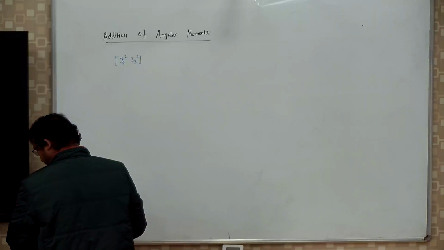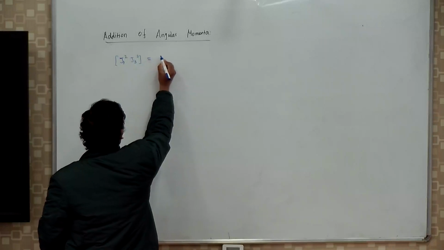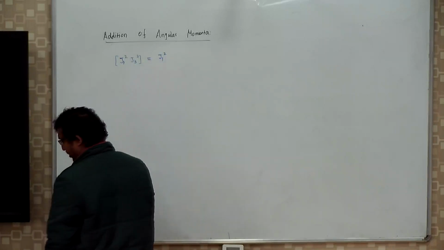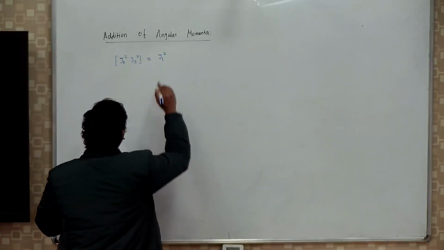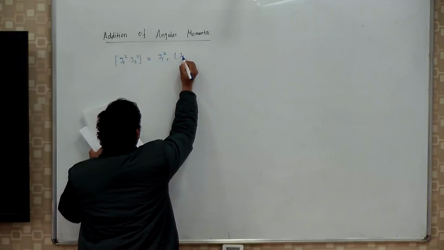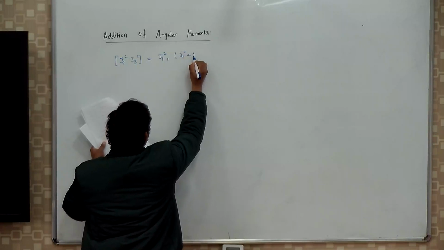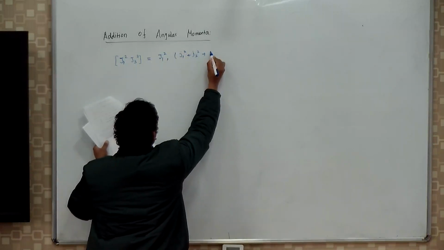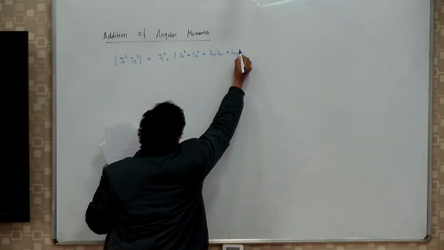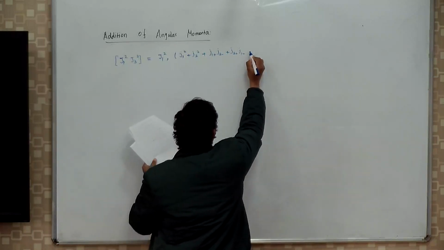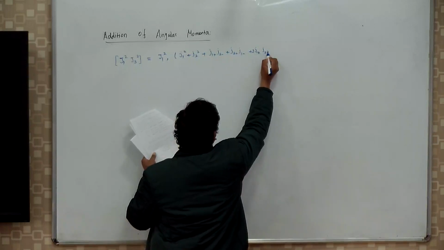By using a commutator identity, we can write it. So J1 squared with J3 squared, just now we calculated the J3 squared value: J1 squared, J2 squared, J1 plus J2 minus, J2 plus J1 minus, 2 J1z J2z.